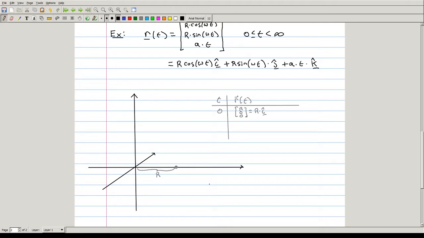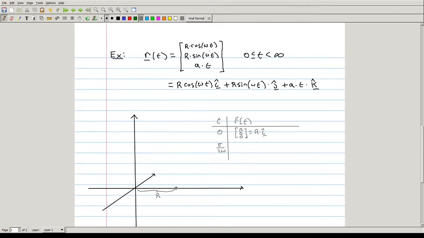So for another possible value of t, we'll choose when t is equal to pi over 2 omega. And when that's the case, when we plug in here, we get that the position vector is equal to the vector, well, when t is equal to pi over 2 omega, we get cosine of pi over 2 here, which is equal to 0.